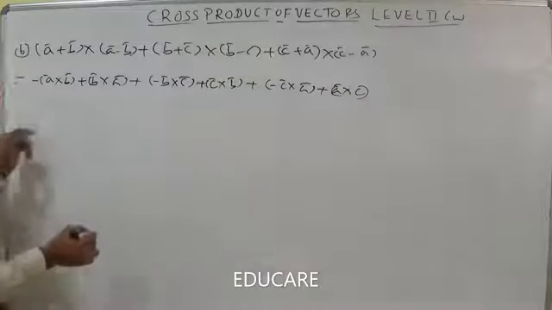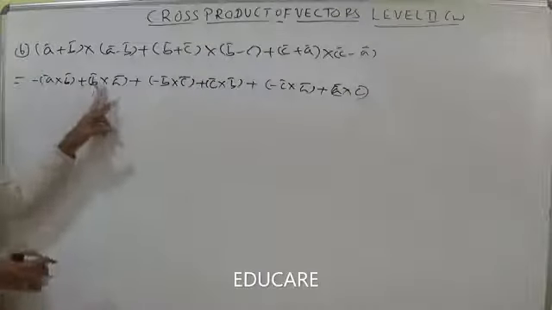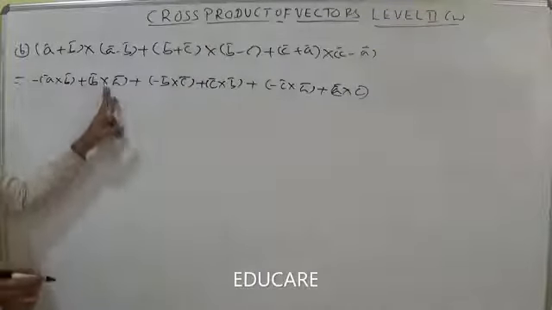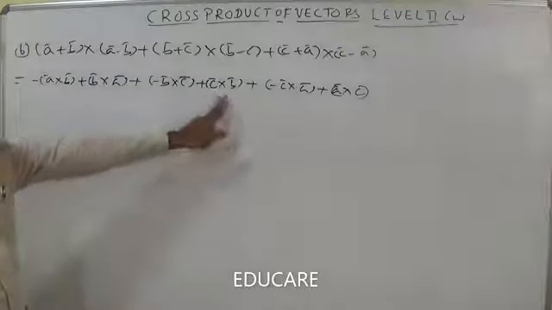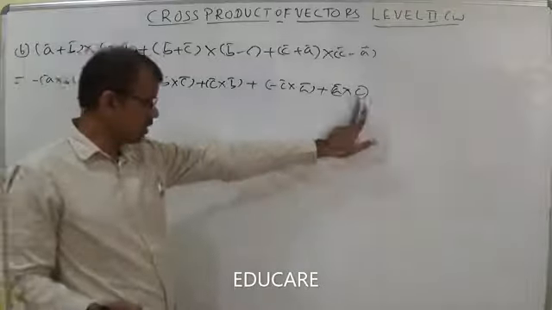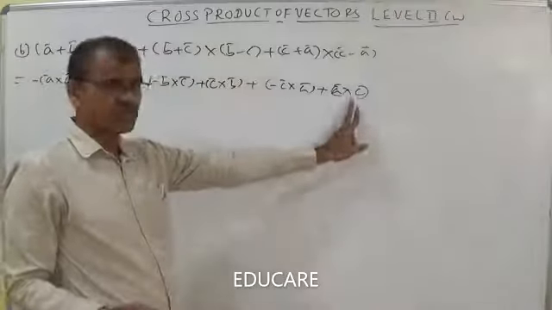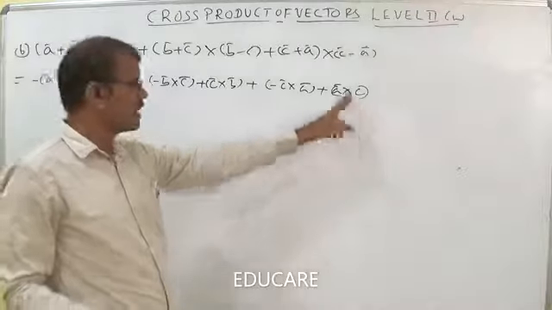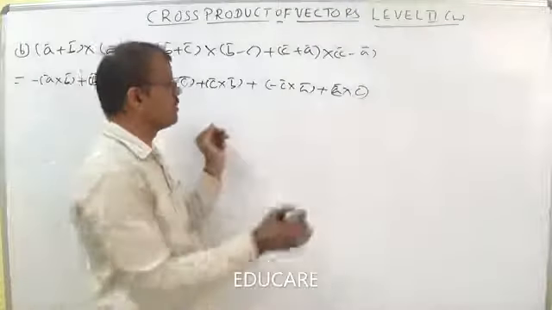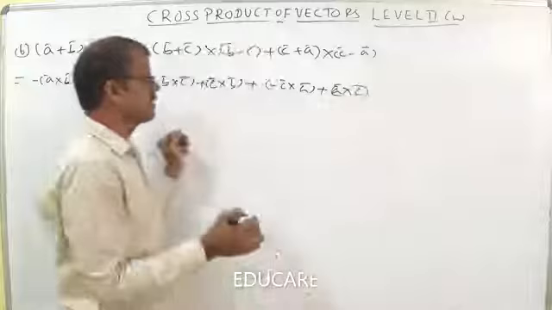Now you can understand that if you take minus in this, it becomes minus a cross b. If you take minus in this, you can understand minus b cross c. You can take minus on this side, I mean changing the direction. If you change the direction in the cross product, it becomes minus c cross a.